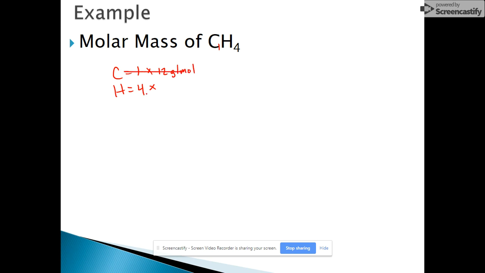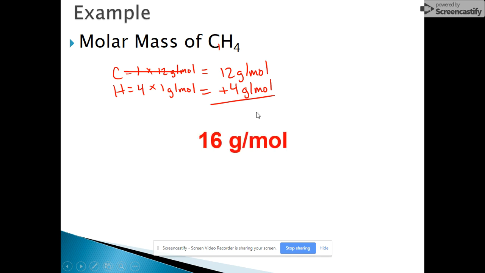Hydrogen is 4 times 1.008, which we would round to 1. 1 times 12 gives us 12. 4 times 1 gives us 4. We add these together to give us our final answer of 16 grams per mole.